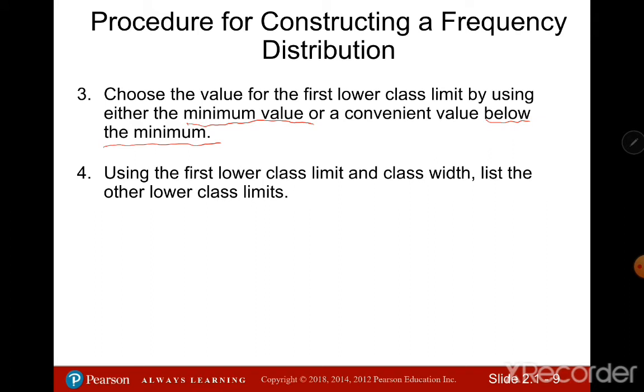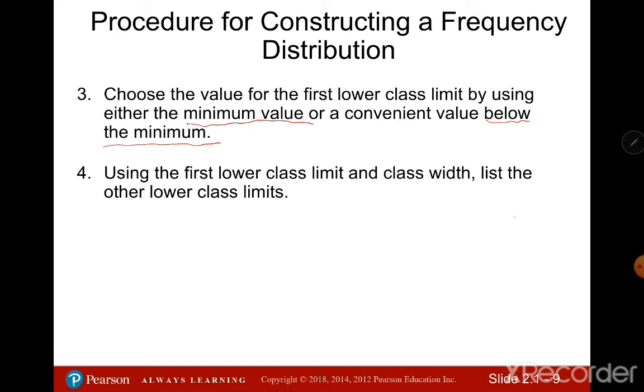After that, we will use the first lower limit and class width. We can list the other lower class limits, because if we have the first lower class limit and we add the class width, we can get the second lower limit.